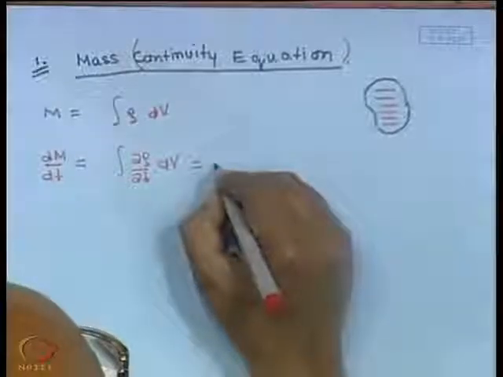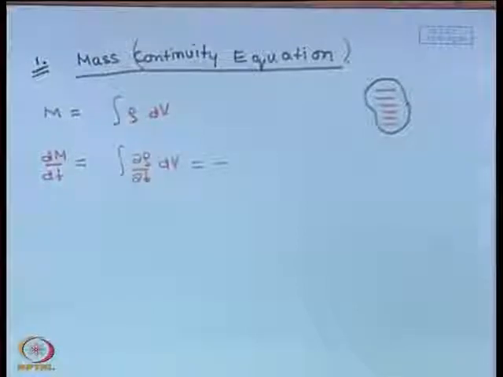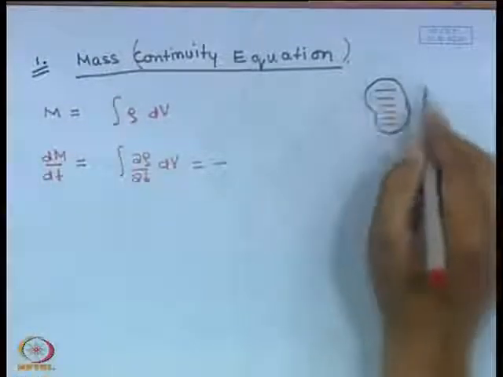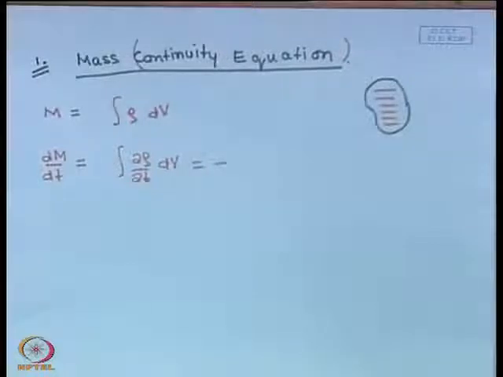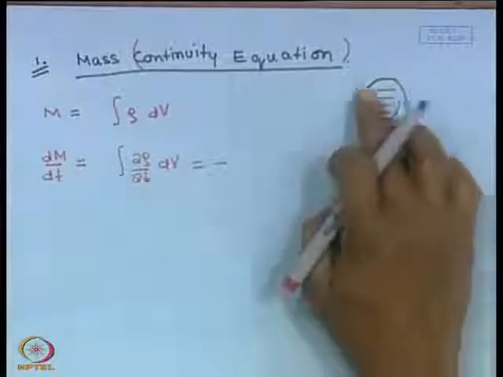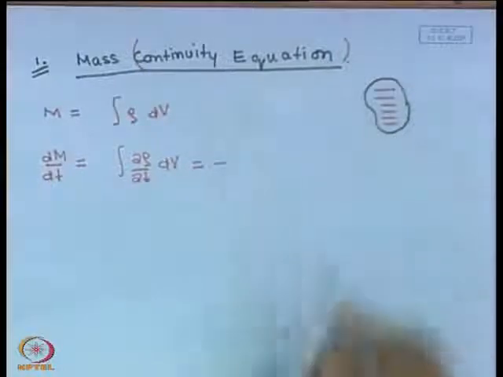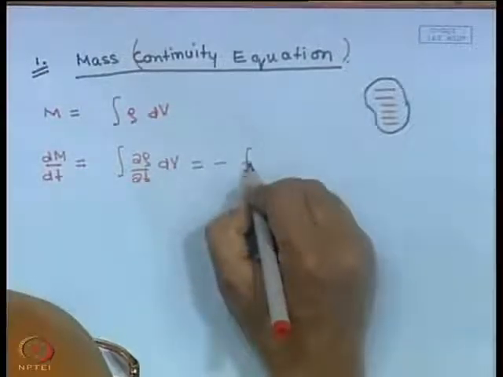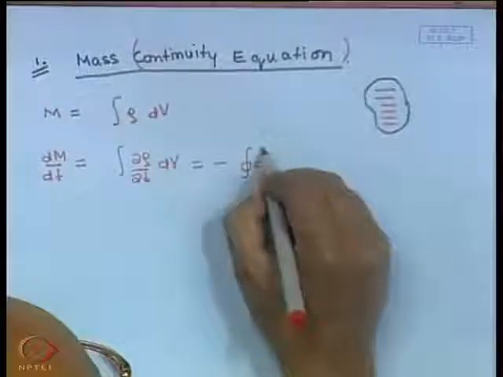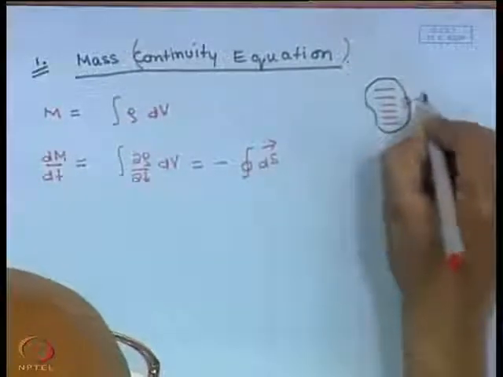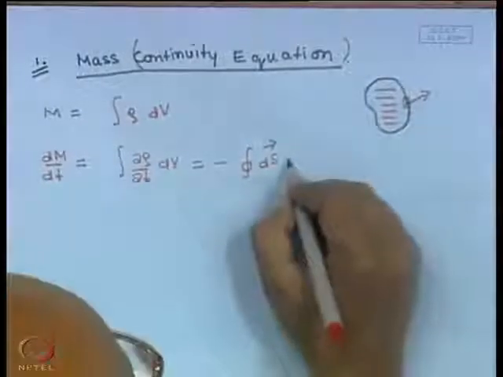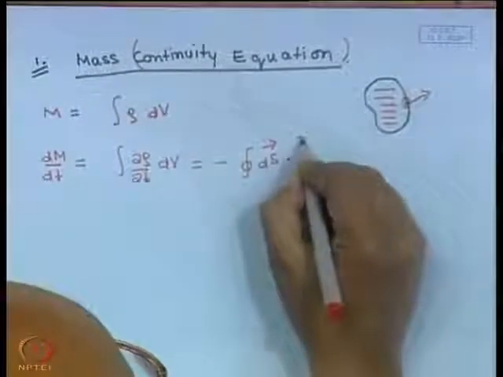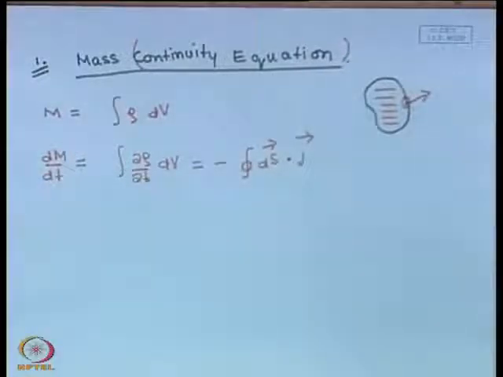So, this is going to be equal to minus the mass flow out from this volume. The mass is going to flow out of this volume through this surface, and the rate at which the mass flows out is given by the surface integral of dS, that is the surface element area pointed like this, dot J.